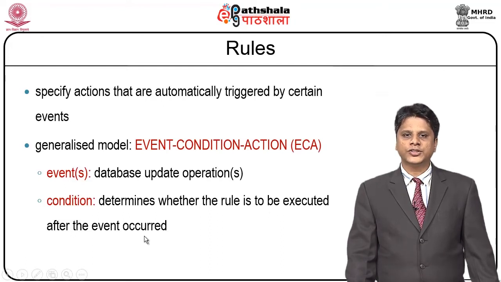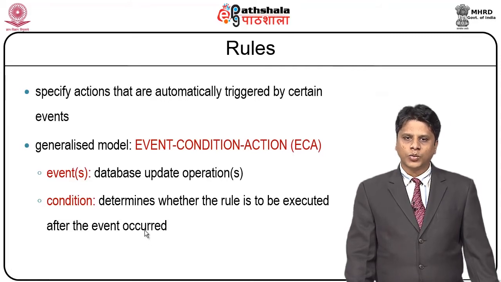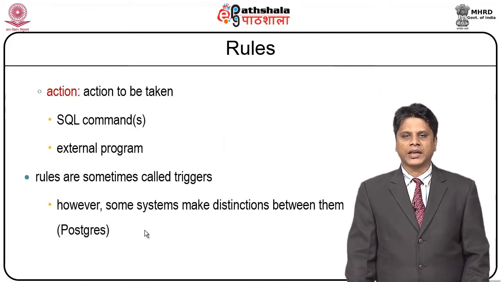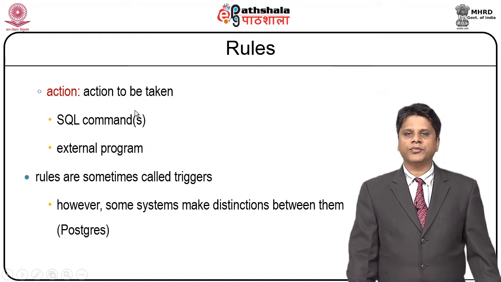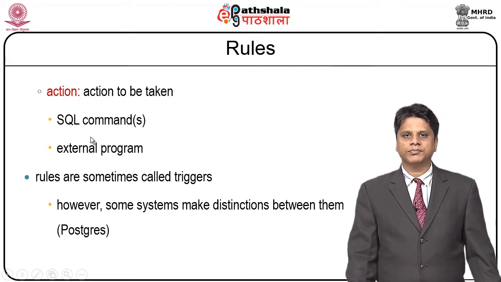So, whenever there is an operation, it will check whether that rule needs to be executed after the event has occurred, and then there is a check for the condition. And finally, we execute a specific action. This action to be taken will be in the format of an SQL command or an external program. So, rules are sometimes or majorly called triggers in our active databases.